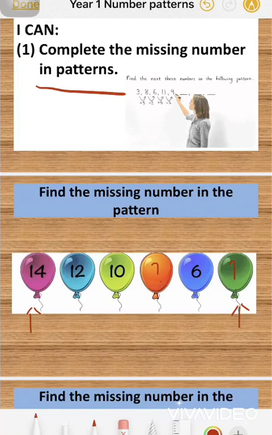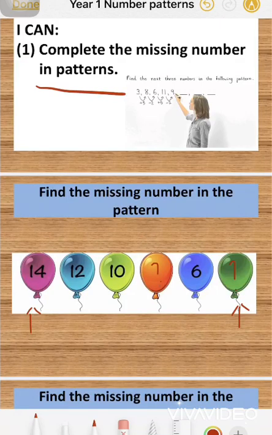Is the number pattern getting smaller or is it getting bigger? I explain it again. Is the number from bigger to smaller or from smaller to bigger?